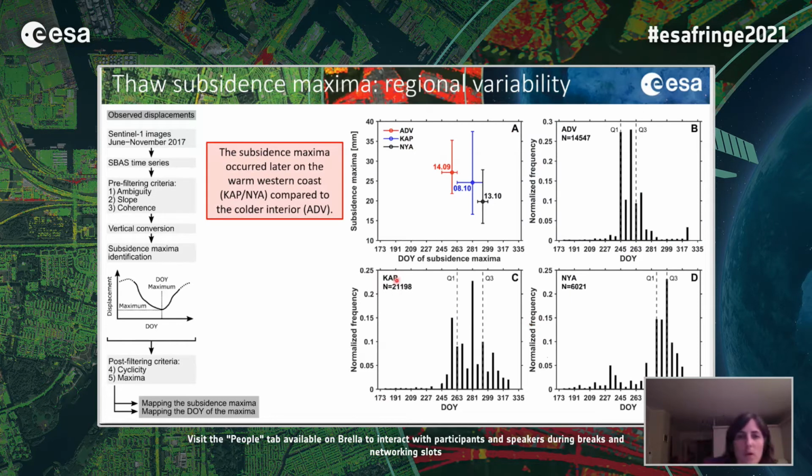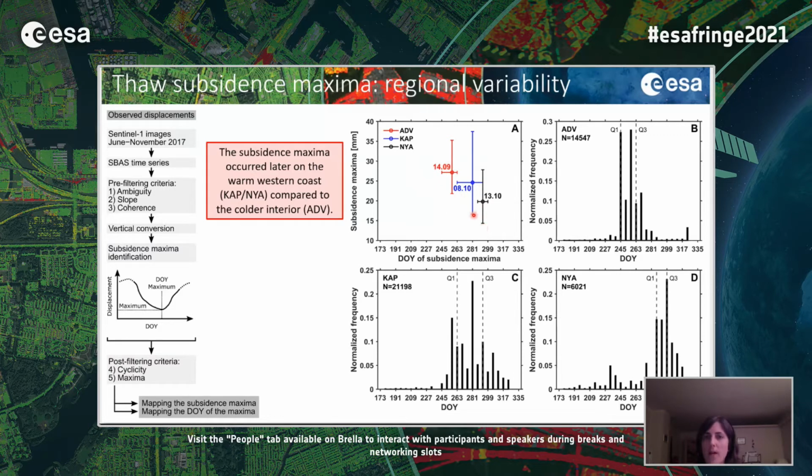So one first thing we could do is then to compare basically the average for the region, or in that case, it's a median that has been plotted. And the first thing we can see is the subsidence maximum occurred later on the warm western coast, so in Kapp Linné and Ny-Ålesund, compared to the colder interior in Adventdalen.